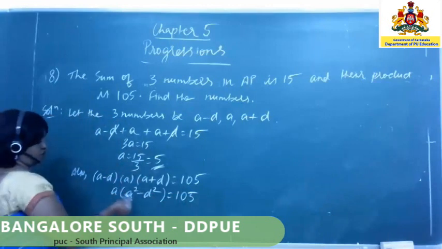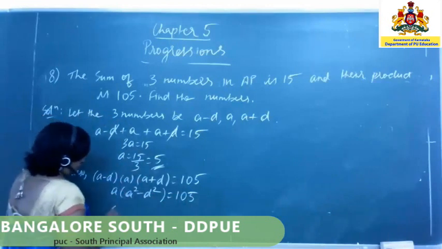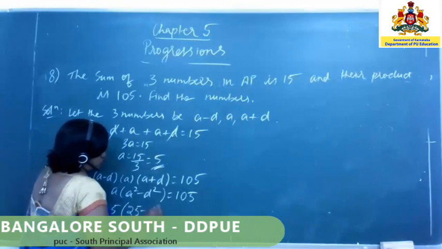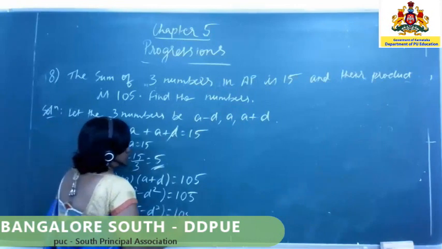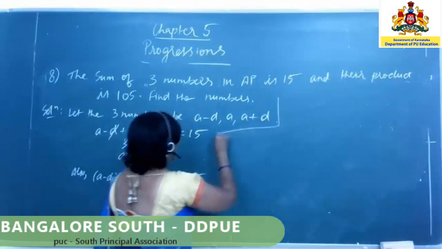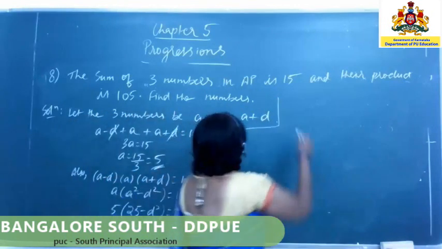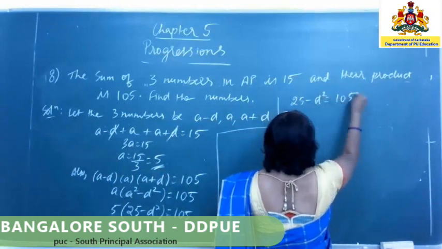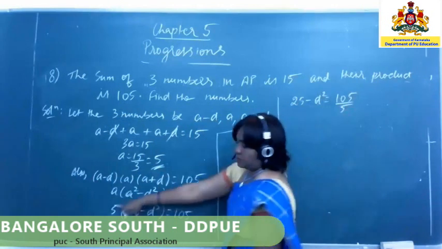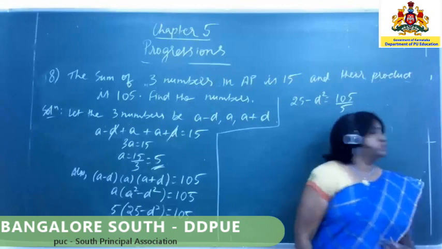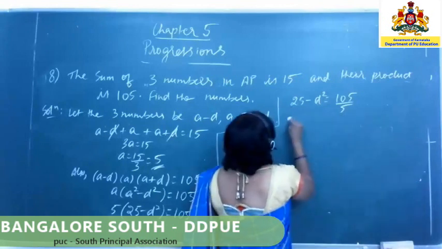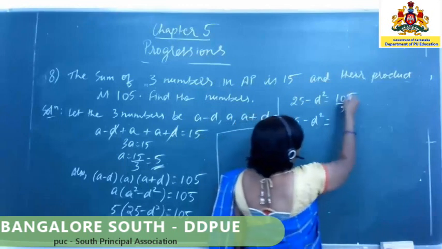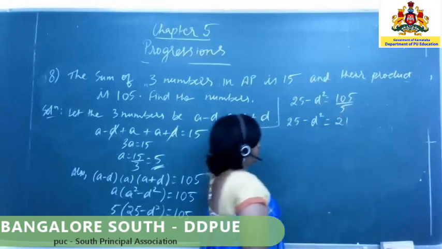Substitute a is equal to 5. So 5 into 5 square, 25 minus d square is equal to 105. So 25 minus d square is equal to 105 divided by 5. So I just cross multiplied this. That is equal to, so 25 minus d square is equal to 5 into 1, 5, 2, 1, 21.